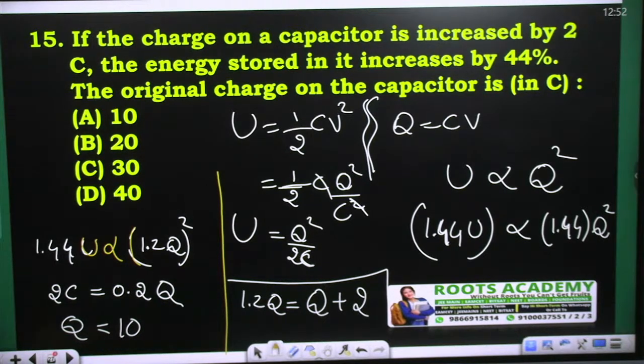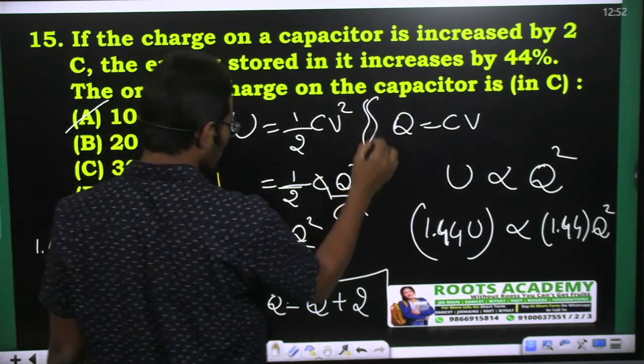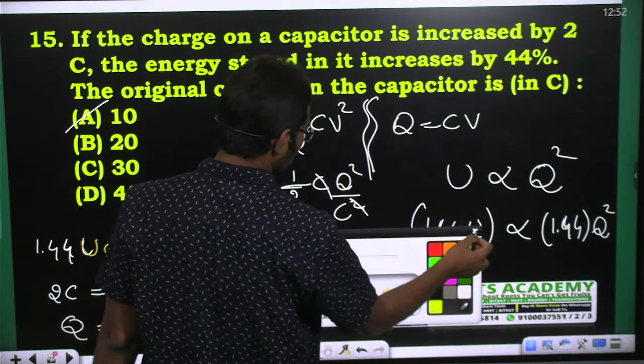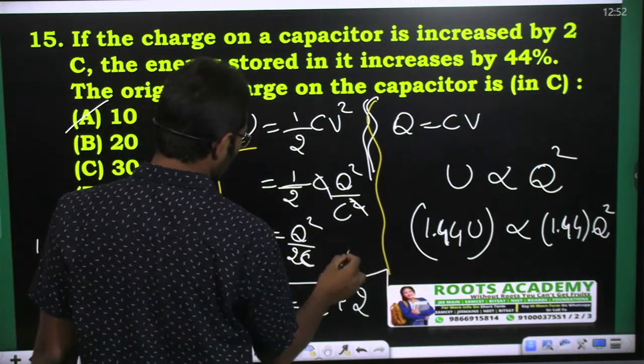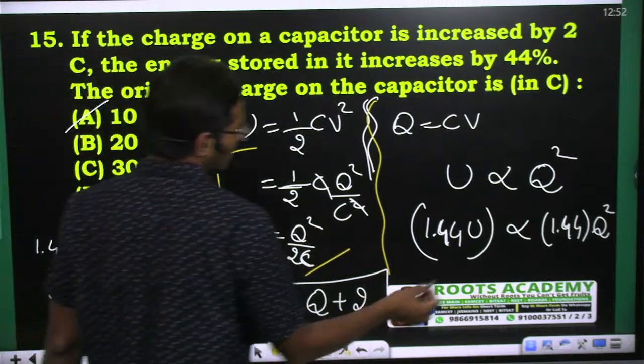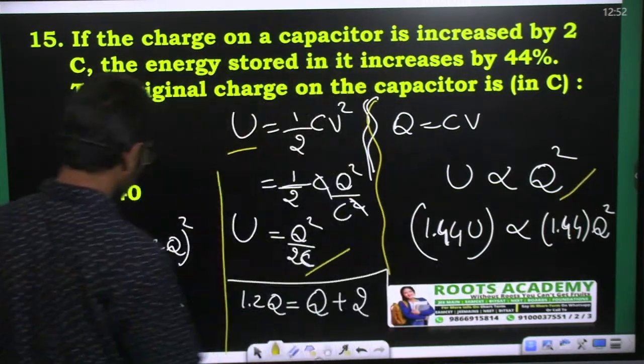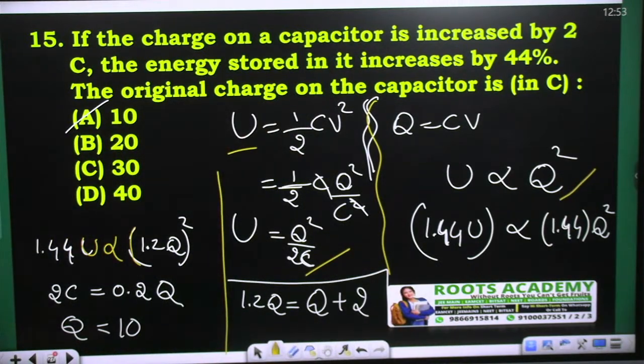The original charge on the capacitor is 10. See the beauty. If you are aware of this, you are done. First write the equation, convert it into Q, use the relation and apply the logic, and you are done.